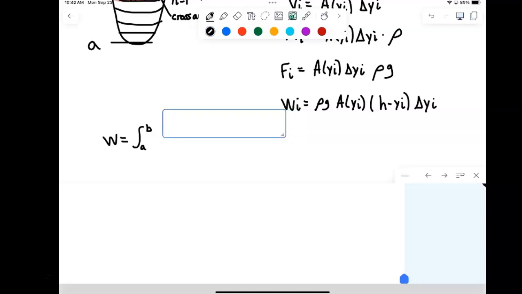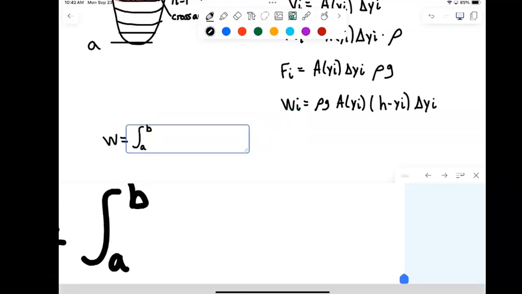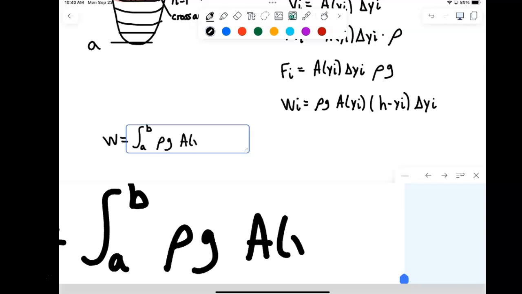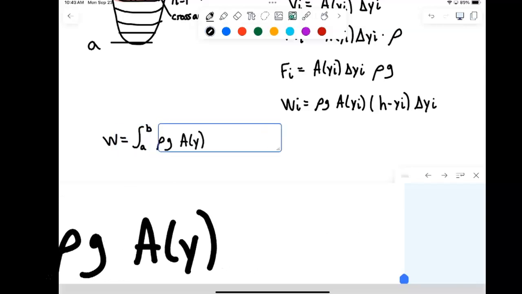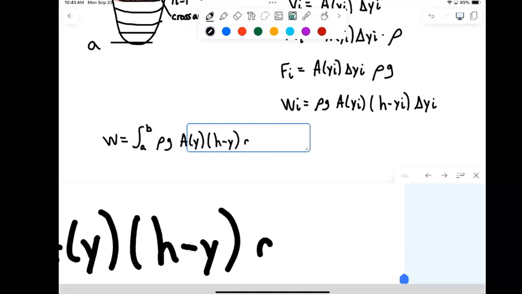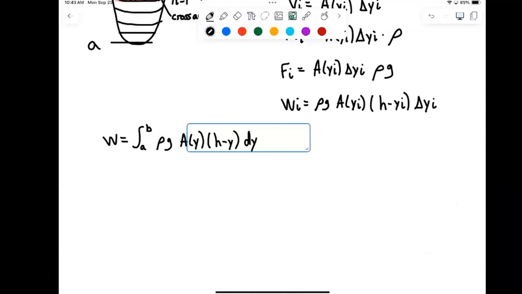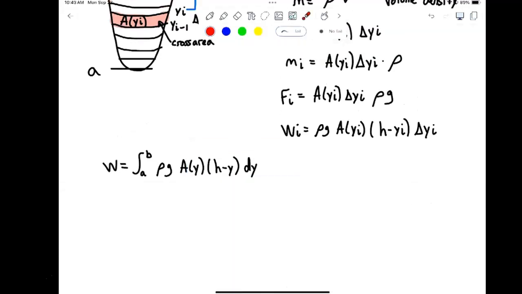So the integral would be the integral from a to b of rho g times the area of the cross section, that function, times h minus y. And remember, delta yi becomes dy as we let the limit go to infinity. So remember again, this function A of y in this example is the cross-sectional area.